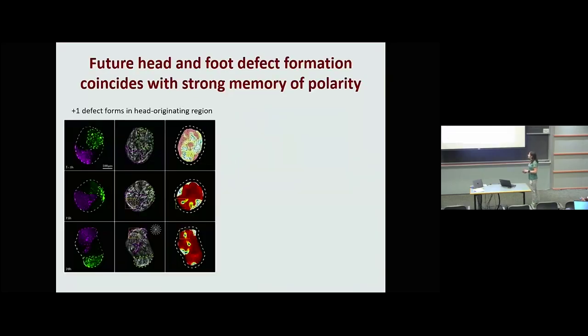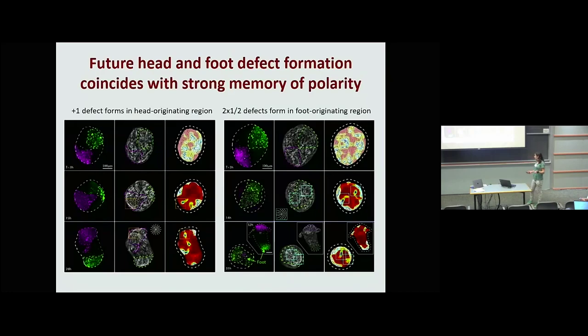But still, there's a strong memory of polarity. The +1 defect, which will become the site of the head, always forms within the originally head-facing side, whereas the pair of +half defects always forms within the originally foot-facing side.